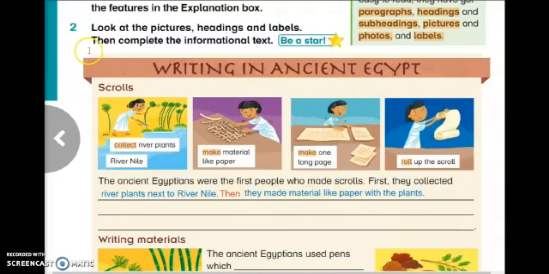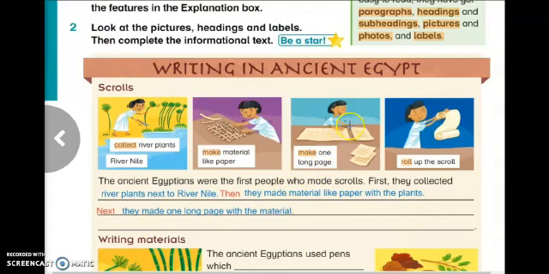Now let's complete with the third stage, which is make one long page. And here we have to use another linking word, which is next. They made one long page. Next, they made one long page with the material.